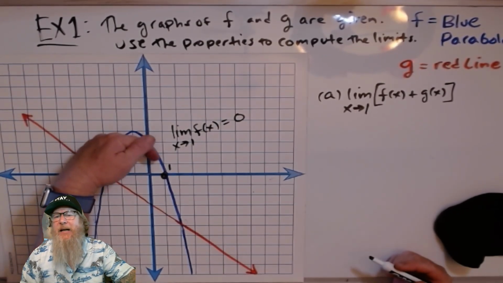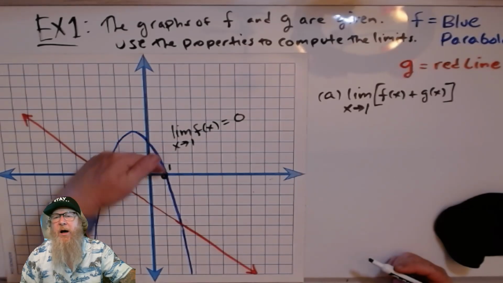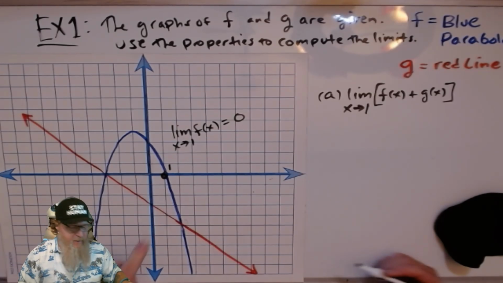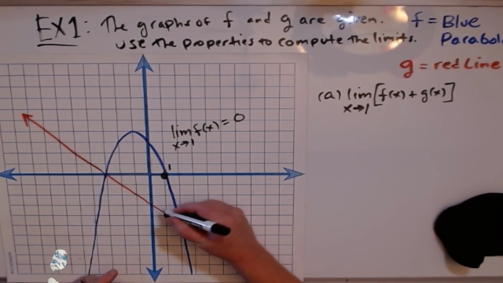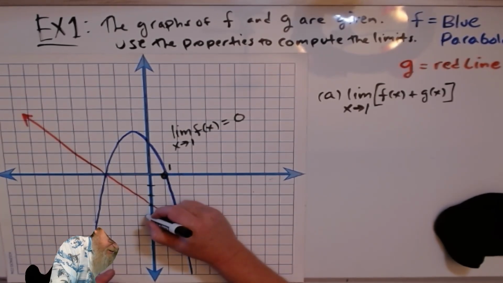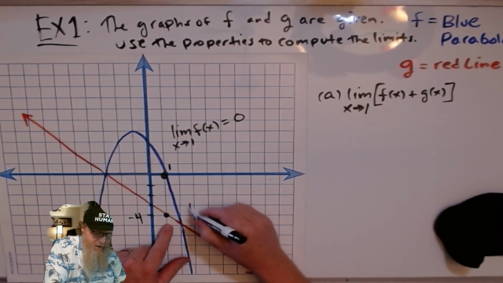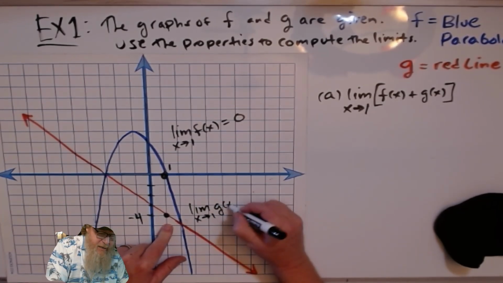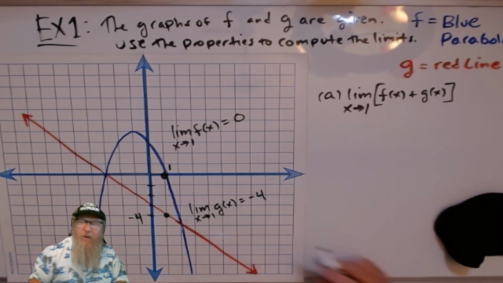As the function gets close to 1, the value of the function gets close to 0. And then down here, looking at g, 1, 2, 3, 4, negative 4. The limit as x approaches 1 of g is negative 4.